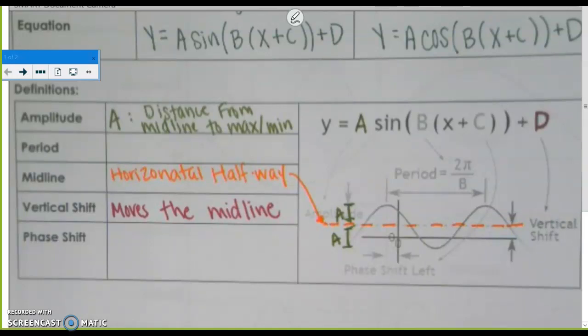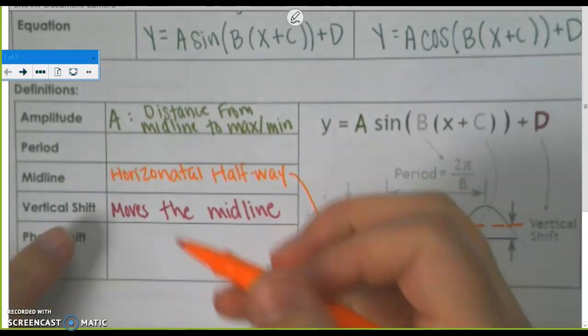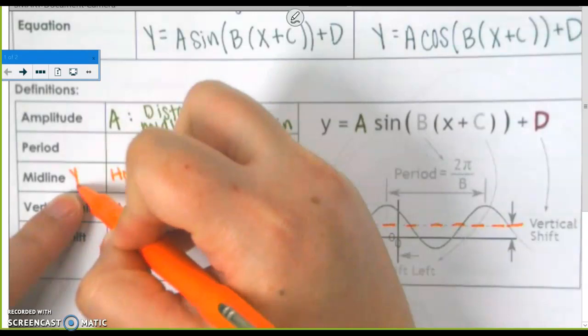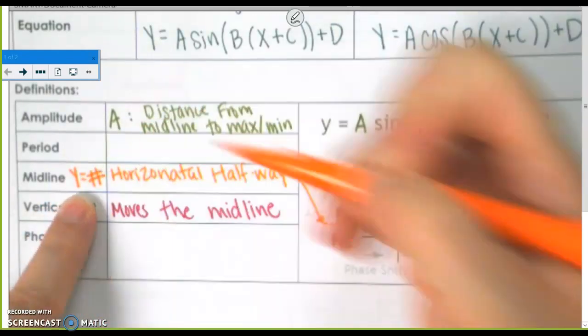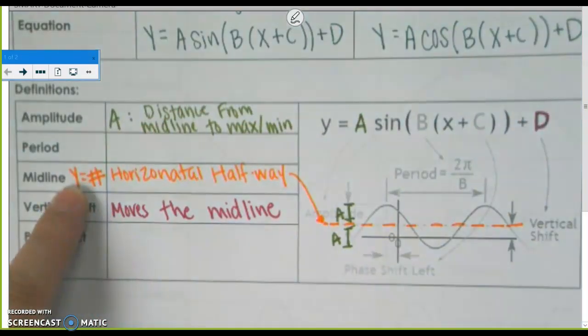So when you see a question asking you about the midline and then also asking about the vertical shift, it's essentially the same question. I will tell you, because I'm pretty sure your Delta Math wants the equation of the midline. The midline equation, because it's just a horizontal line, should be y is equal to whatever that vertical shift number is.